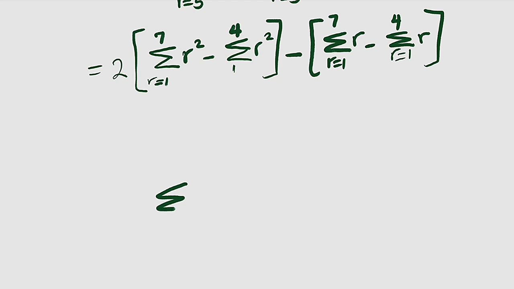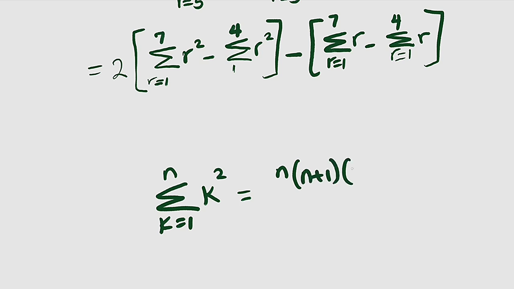Remember, if you have the summation of k squared, for which k begins with 1 and stops at n, the formula is given as what? n multiplied by n plus 1 multiplied by 2n plus 1 divided by 6. This is the formula for k squared.